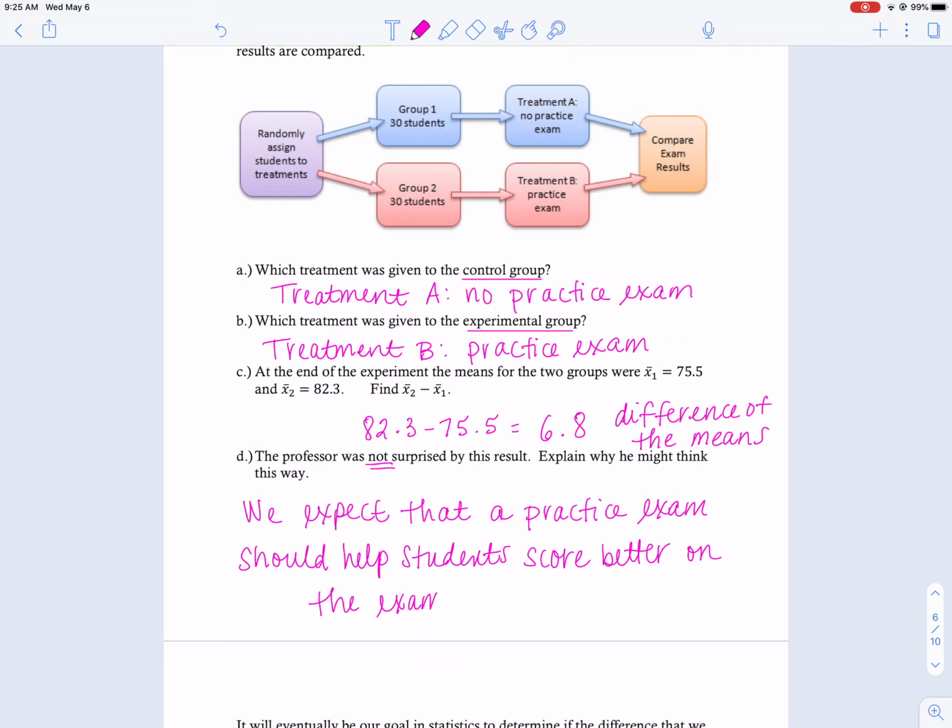I'm thinking if we give you some type of practice test and you're seeing that information later on when you take the ending exam, a pre-test and a post-test, you're going to do better.